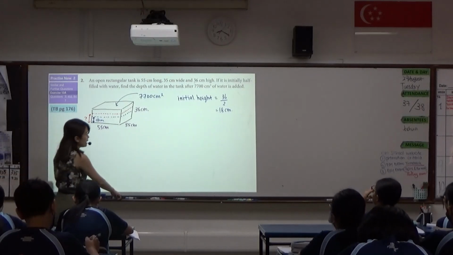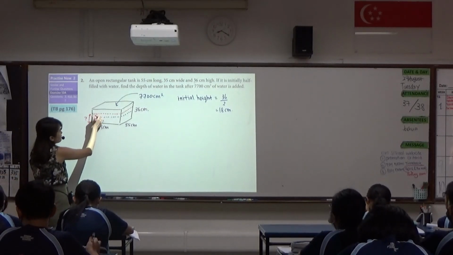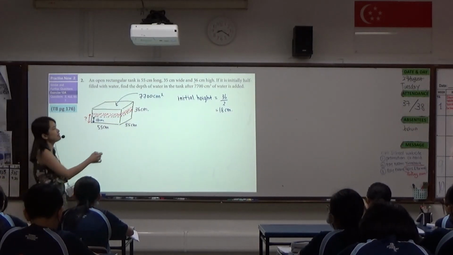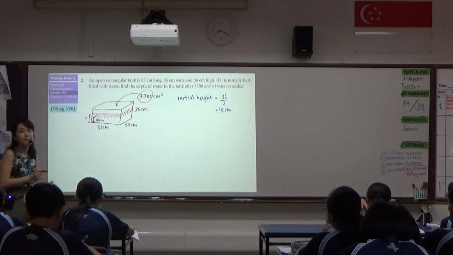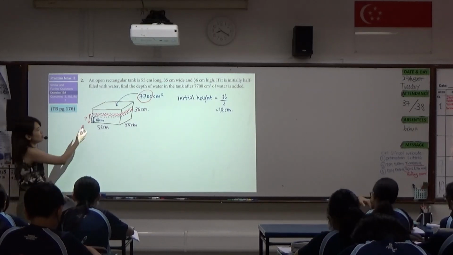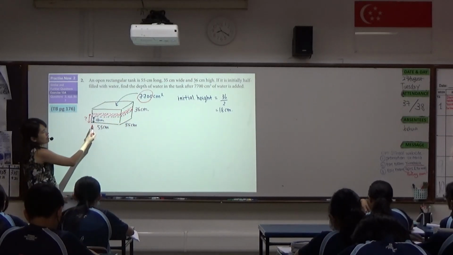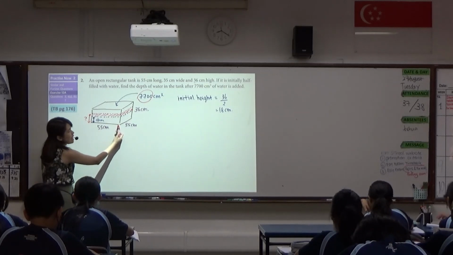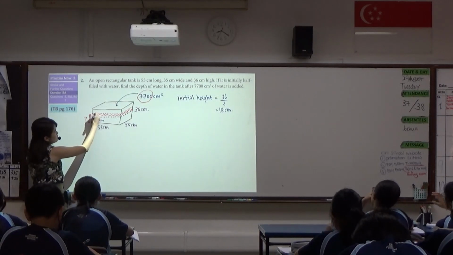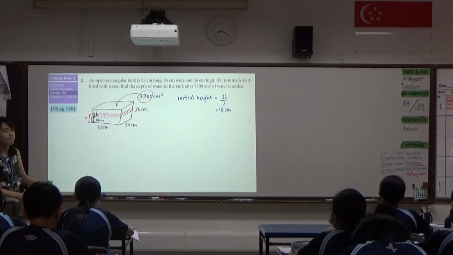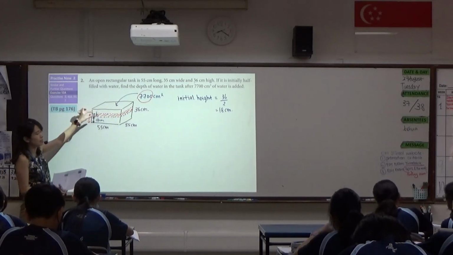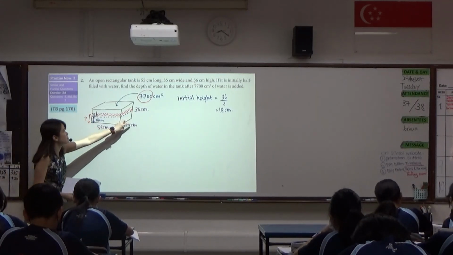So we know that this additional amount is going to have a volume of 7,700 cm3. Right? And because this is found inside a cuboid, the volume of this water here that is in red will have the length 55 times the breadth 35, followed by the height here, which I will label as H. So to find the volume of this additional layer, it will be length times breadth times height.